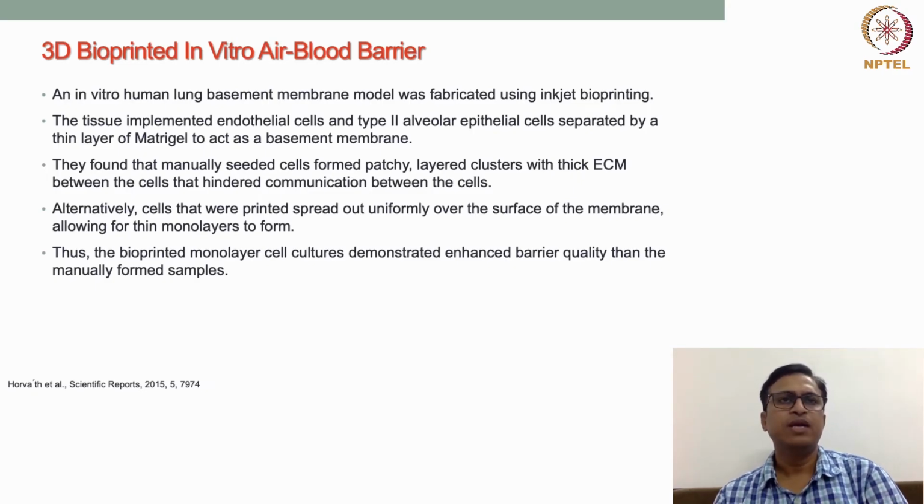Matrigel is an extracellular matrix material that has all the extracellular matrix components present in a particular tissue. That's why they used Matrigel to generate the basement membrane that is present between the alveolar and the blood barrier. In the lung tissue there is always a membrane present in between these two tissues.